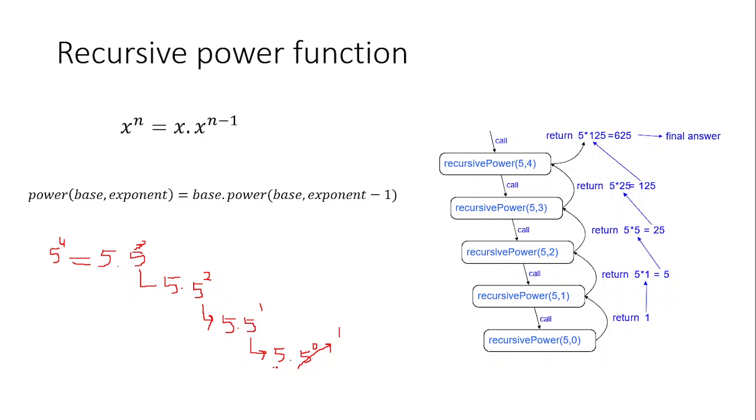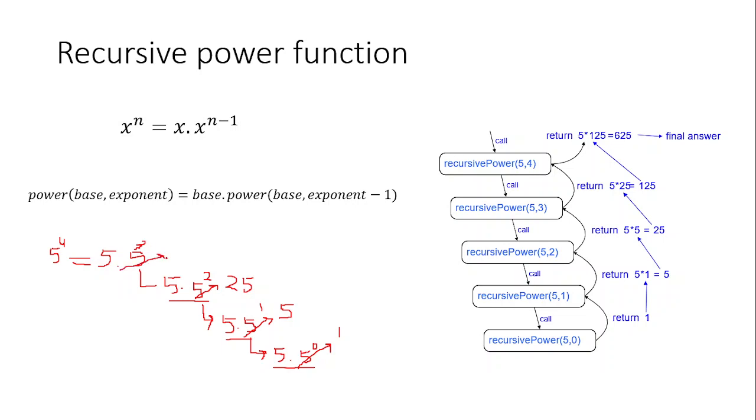So once you know its value, then you know the value of 5 raised to the power 1. It is 5. Once you know the value of 5 raised to the power 1, you know the value of 5 raised to the power 2. It is 5 times 5, 25. And once you know the value of 5 squared, you know the value of 5 raised to the power 3.